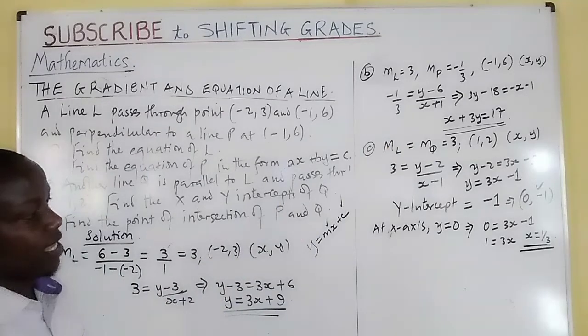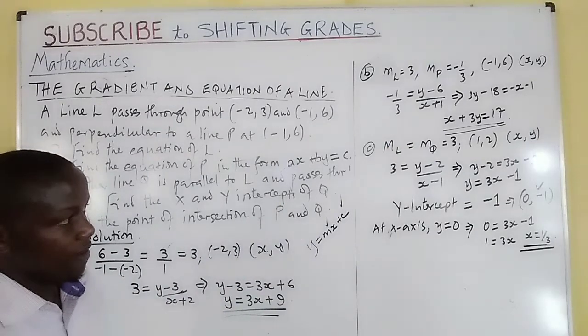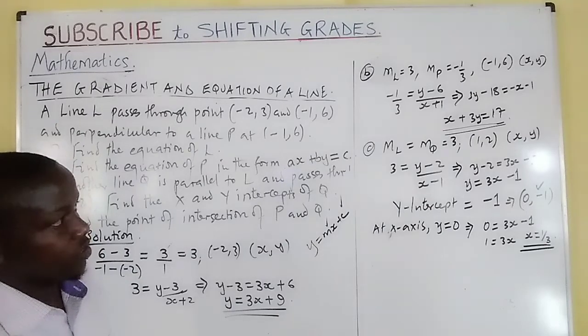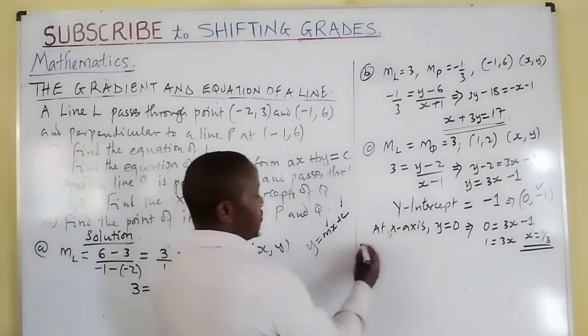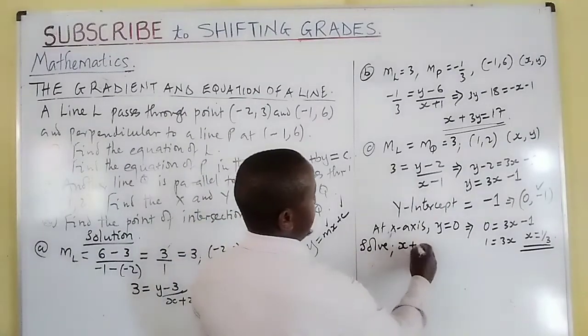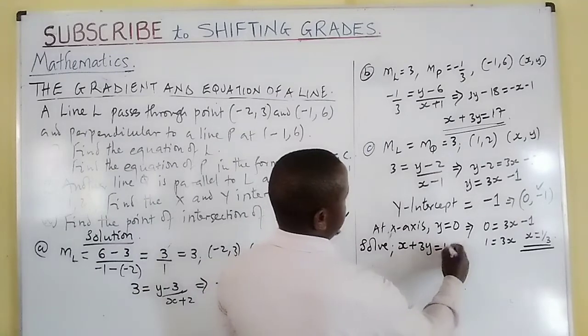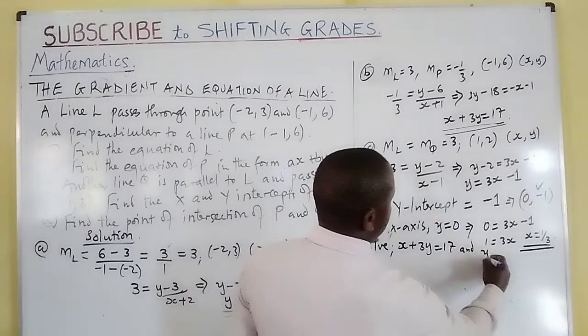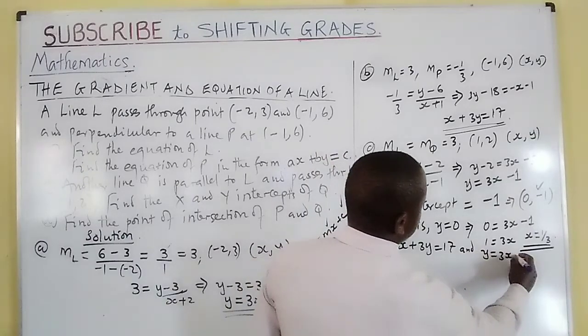Therefore, at the point of intersection, the two equations are equal. So we solve the two equations: x plus 3y is equal to 17 and y is equal to 3x minus 1.